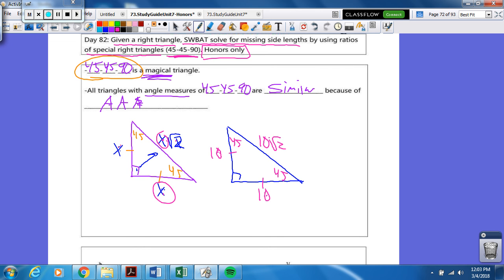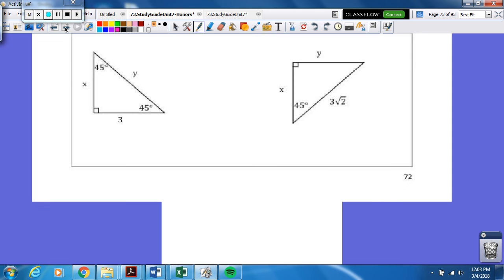Let's see if we can apply it on some examples. Okay, check it out right here. So 45, 45, 90. So I know that x radical 2 is my pattern. Here's 45, 45, 90, so I'm going to draw that off to the side. I'm going to use that as a reference.